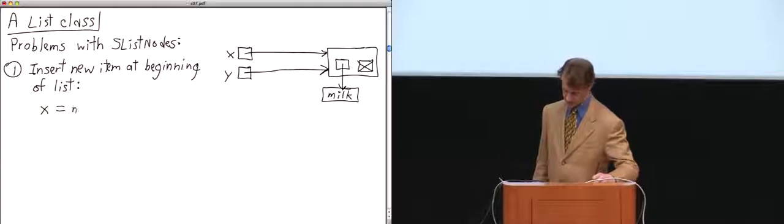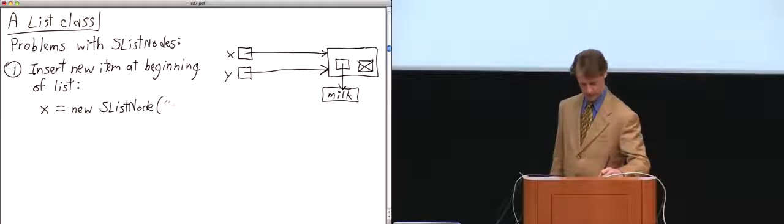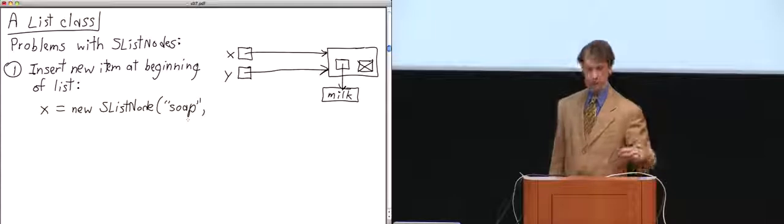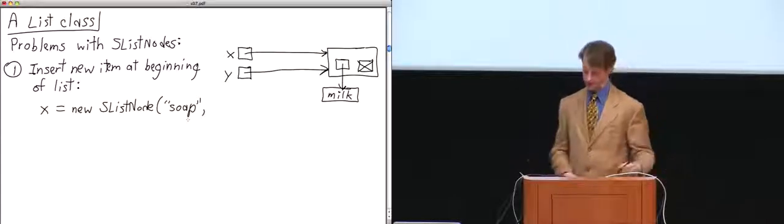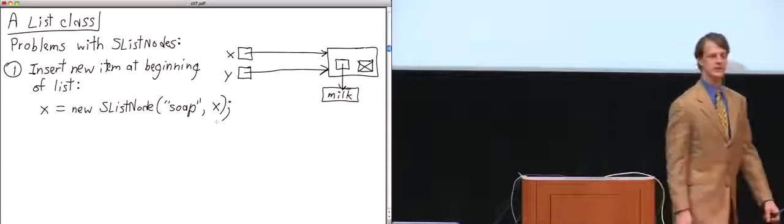Here it is. Set X equal to, well, let's create a new list node. And my SListNode will store the string soap as its item. And we don't want to lose the rest of the list, so we'll set the next field to X.